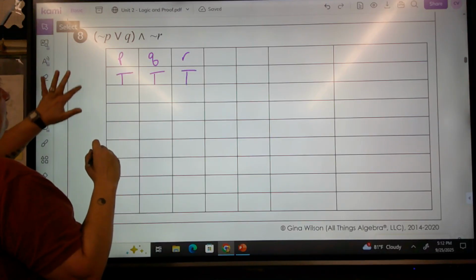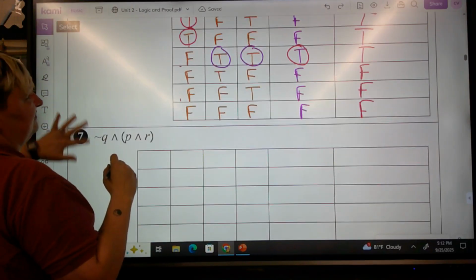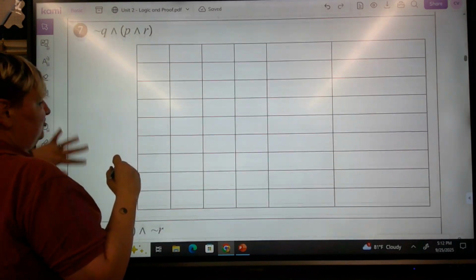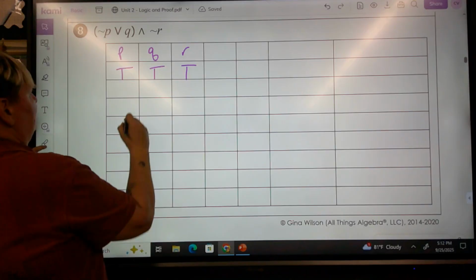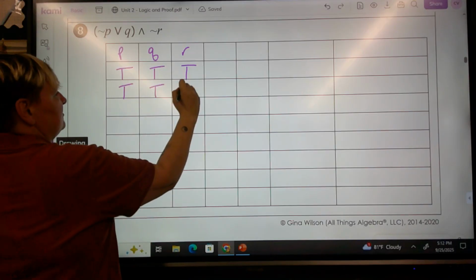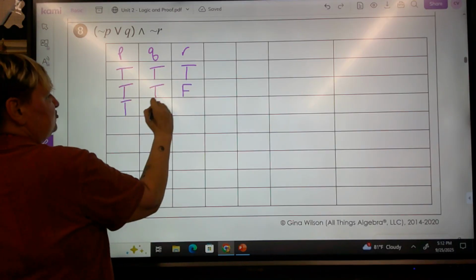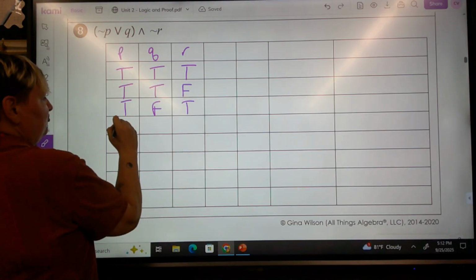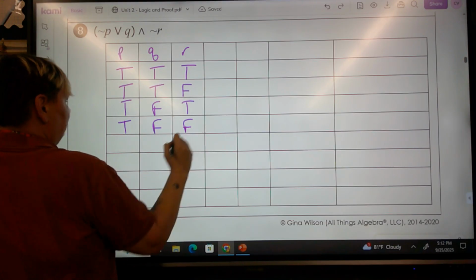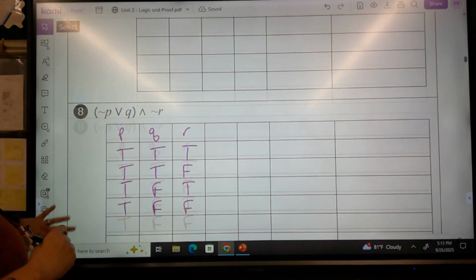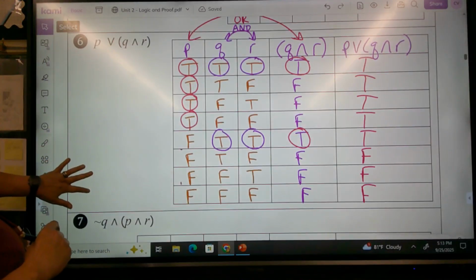What's my pattern? True, true, false. True, false, true. True, false, false. I'm trying to keep it the same so you won't get confused.